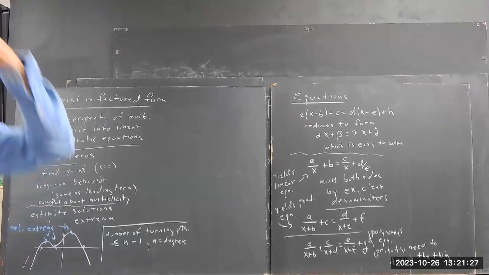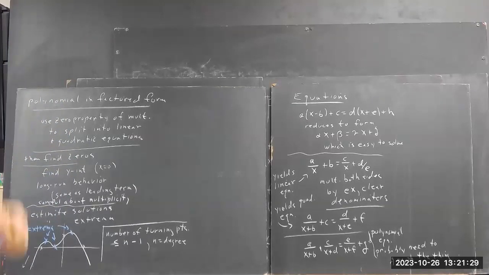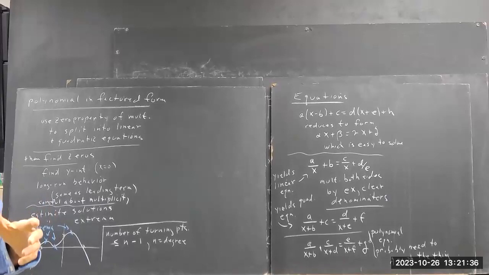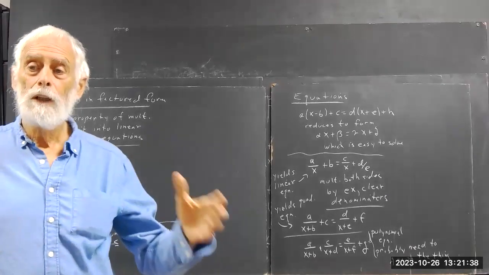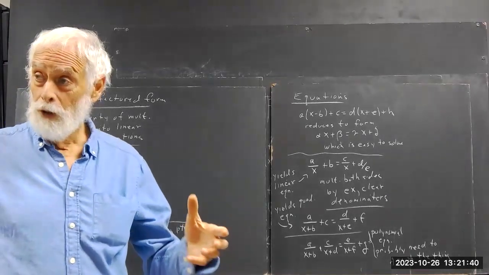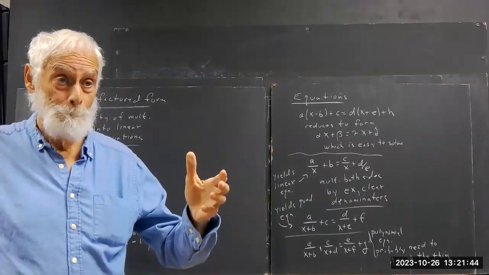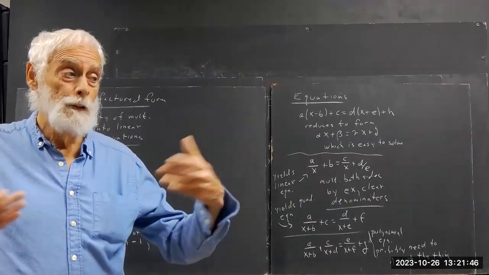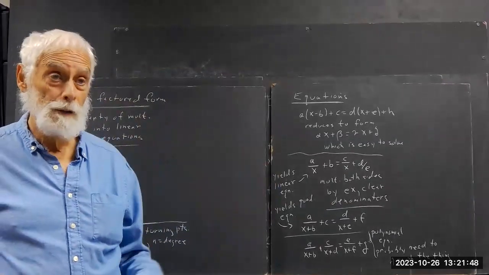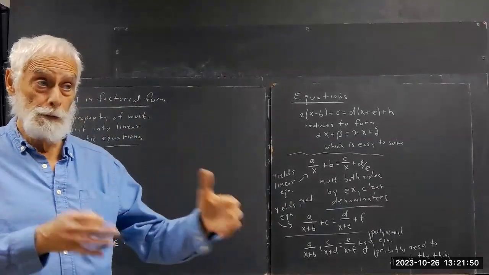In order to turn once, you have to have like a quadratic, which has two linear factors. Okay. If you want to turn twice, you better have the third degree because you need three linear factors.